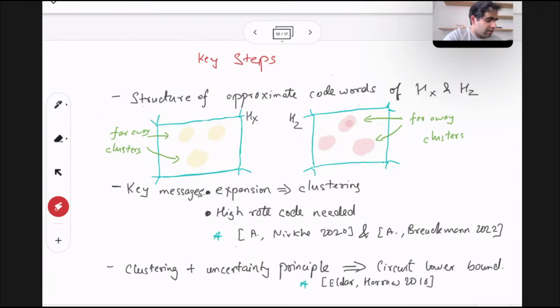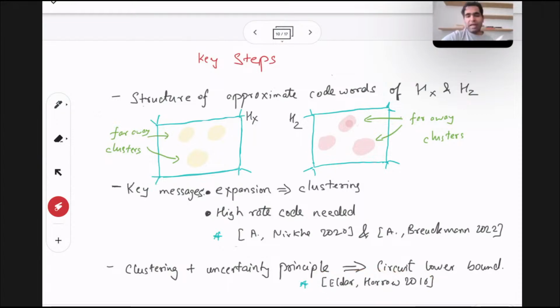And after that, clustering plus the phenomenon of quantum uncertainty principle, which we all know since the days of Heisenberg. But in fact, what we use is the entropic uncertainty principle discovered more recently, 30 years ago by Maassen and Uffink. So clustering and uncertainty principle lead to a circuit lower bound, building on what was discovered by an important work by Eldar and Harrow.